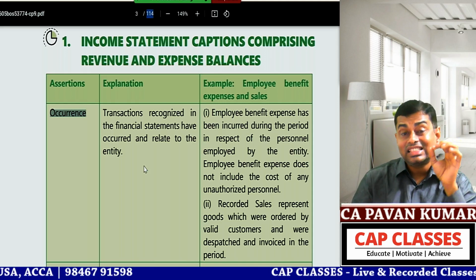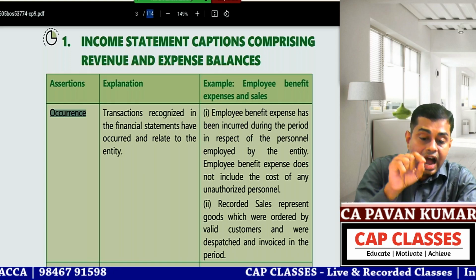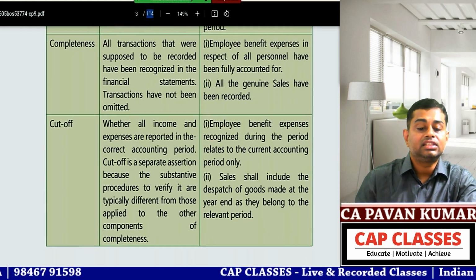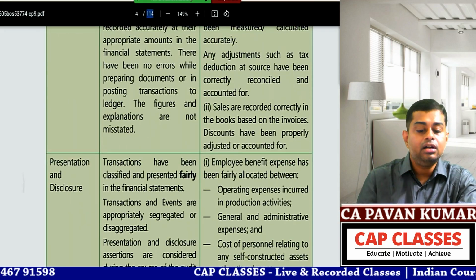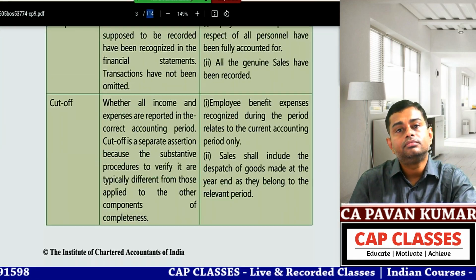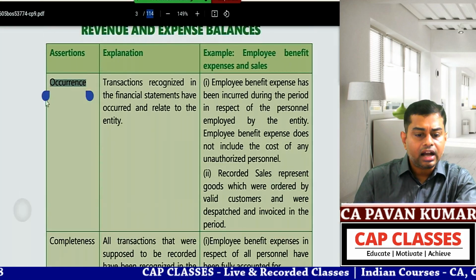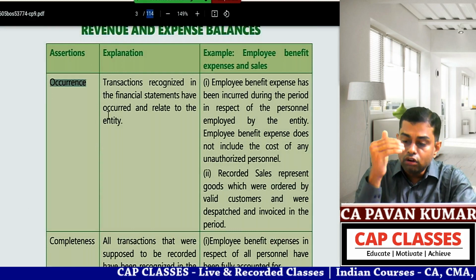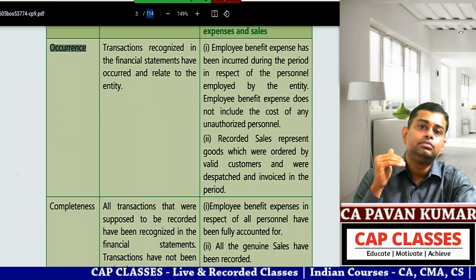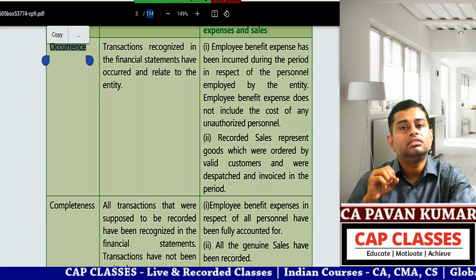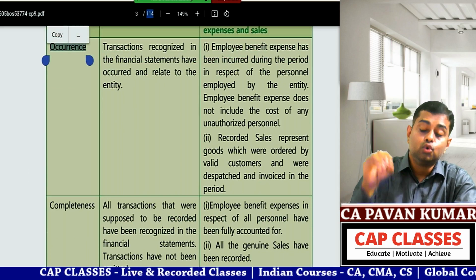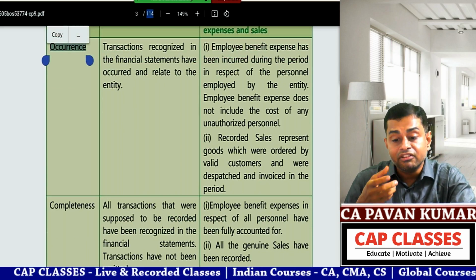The audit assertions include occurrence, completeness, cut off, measurement, presentation and disclosure. Then put the heading occurrence, and write down one point below that: whether the sale transactions have actually occurred, goods have actually been delivered.